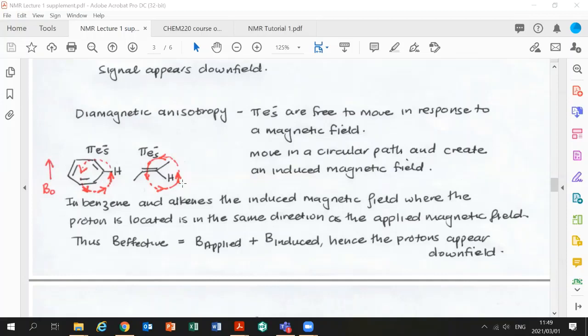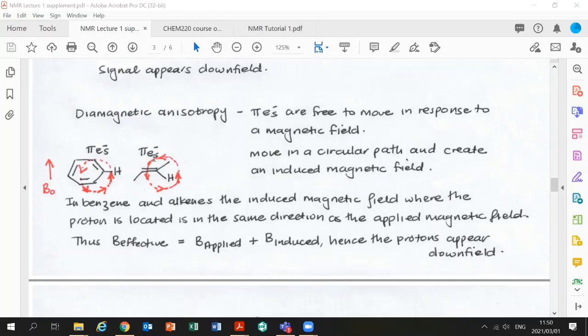So the effective magnetic field is much larger. It's equal to the applied magnetic field, and now we're adding some induced magnetic field to that. So we're getting a much larger magnetic field, which means that more energy is needed now to flip the spin, and hence the protons appear downfield.